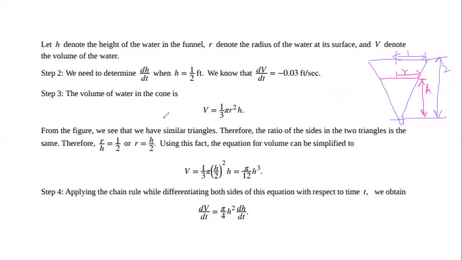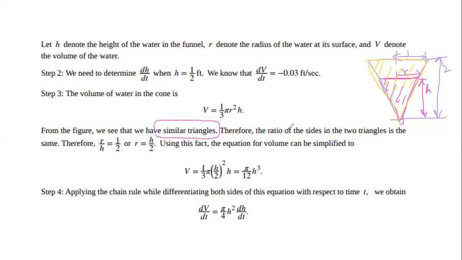From the figure, we see that we have similar triangles. This is the first triangle, and the second triangle is the complete, bigger triangle. So the ratio is the same.